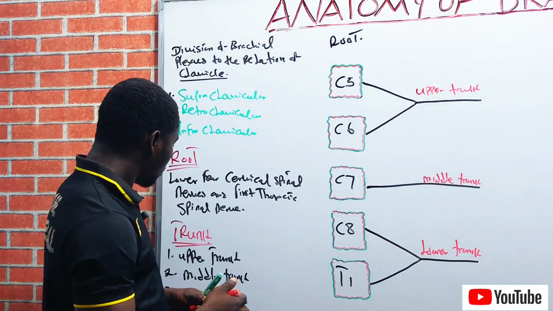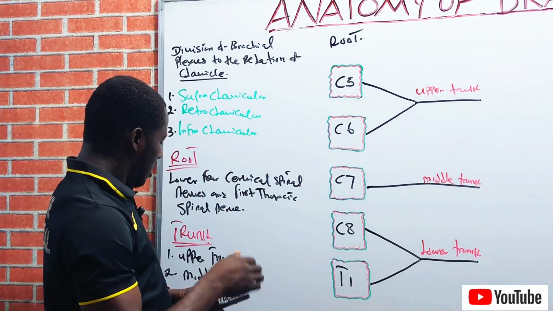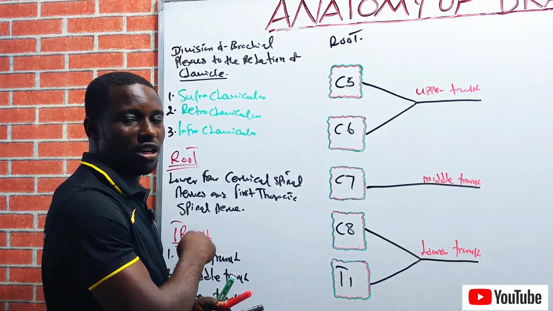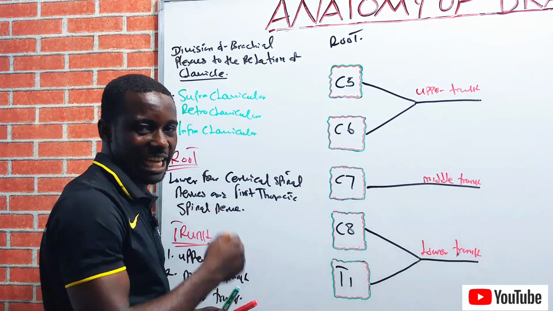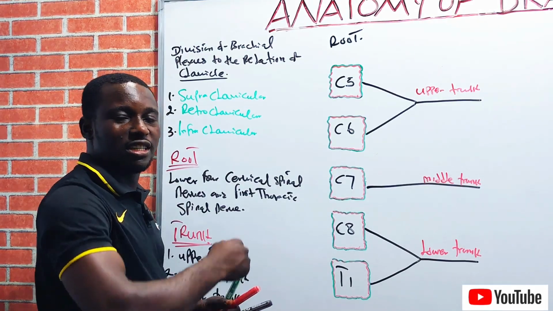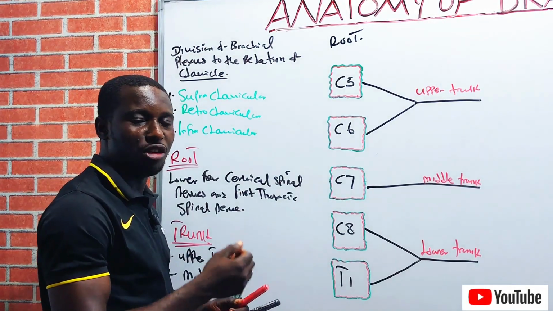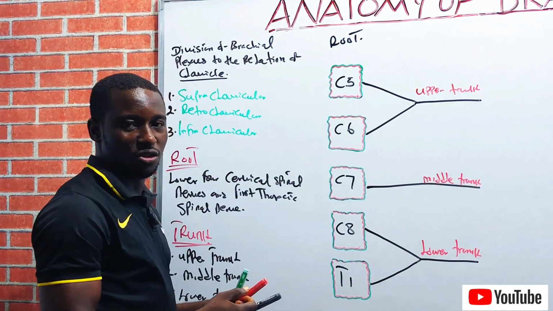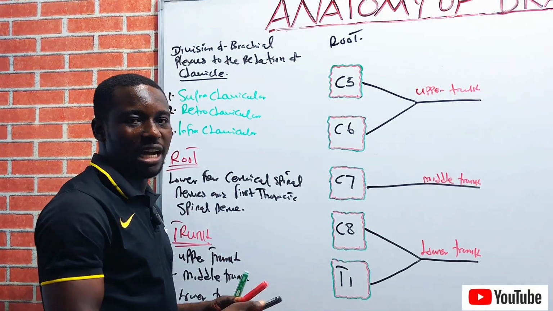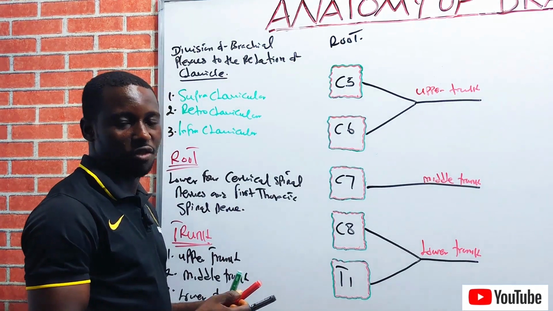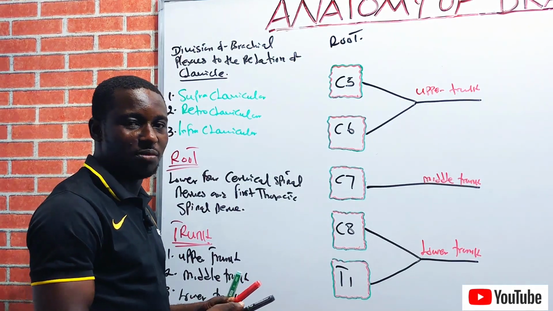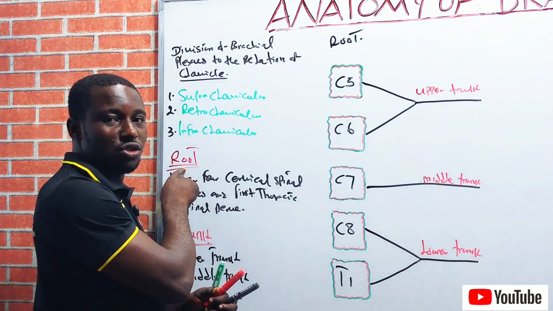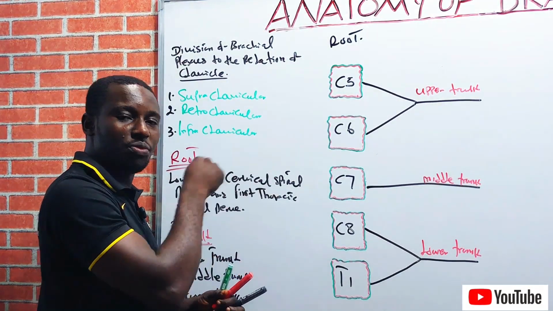Recall that the trunk of the brachial plexus lies in the neck. It is found in the cleft between the scalenus anterior muscle in front and the scalenus medius muscle behind. That is how it is located. Whereas the root of the brachial plexus is as well located in the neck.